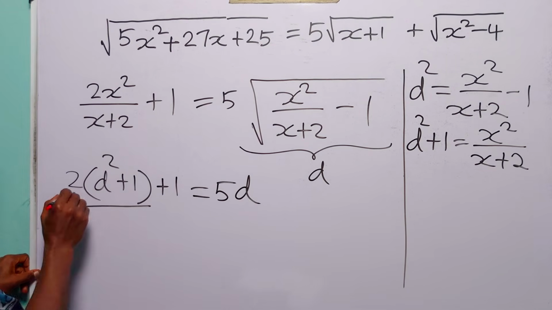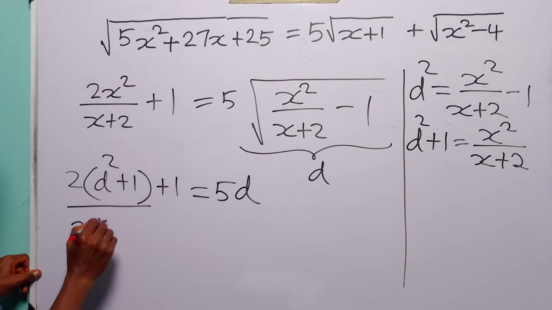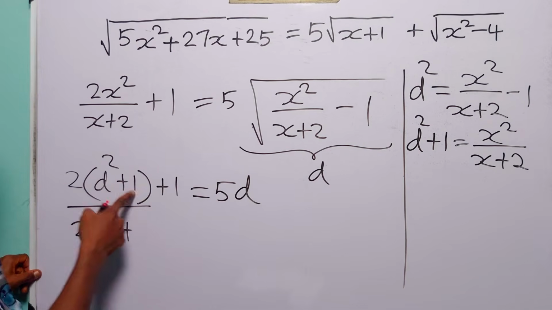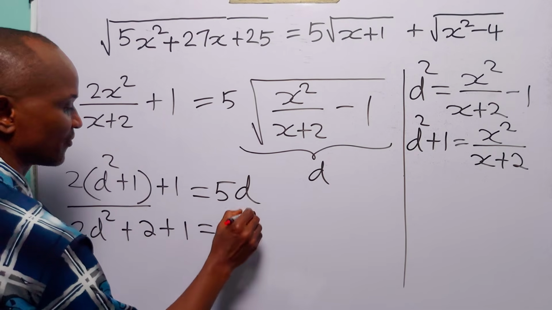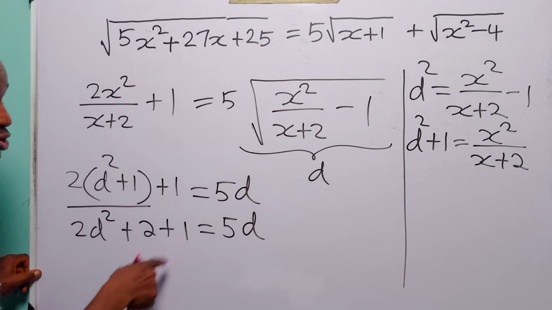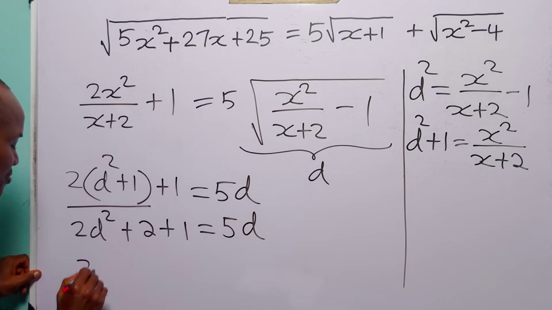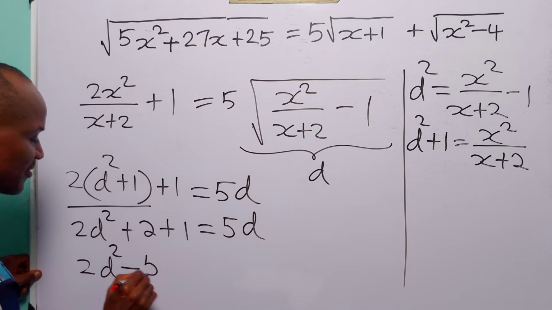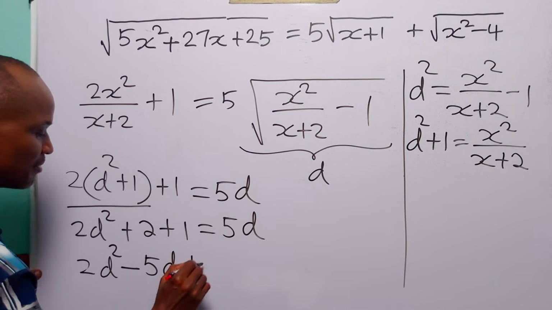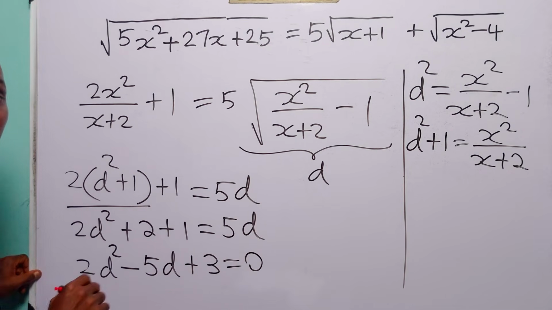Opening this bracket, we have 2d squared plus 2 plus 1 is equal to 5d. 2 plus 1 is equal to 3. So here we have 2d squared minus 5d plus 3 is equal to 0.